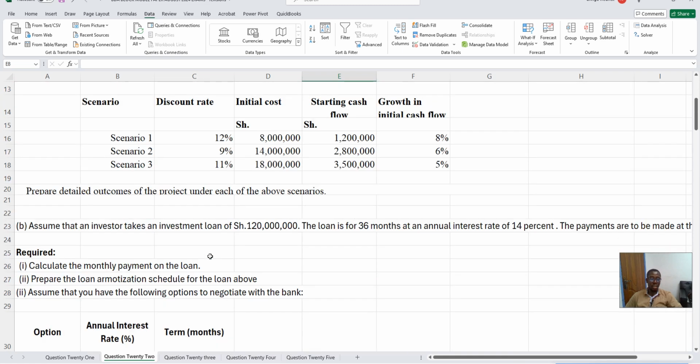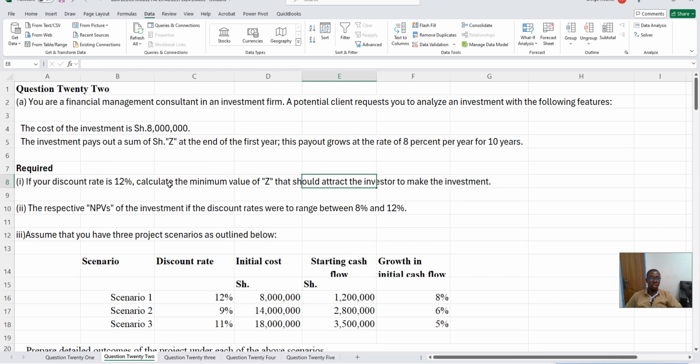In question number 22, we are told, number one, A, you are a financial management consultant in an investment firm. A potential client requests you to analyze an investment with the following features. The cost of investment is 8 million. The investment pays out a sum of Z at the end of the first year. This payout grows at the rate of 8% per year for 10 years.